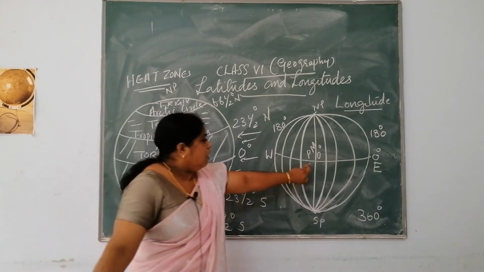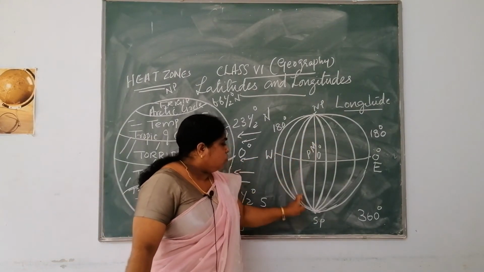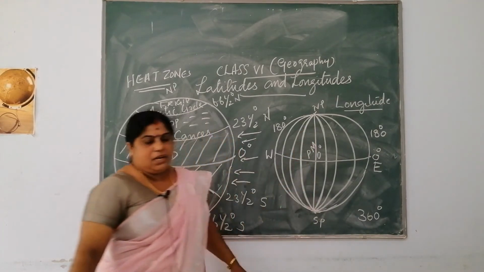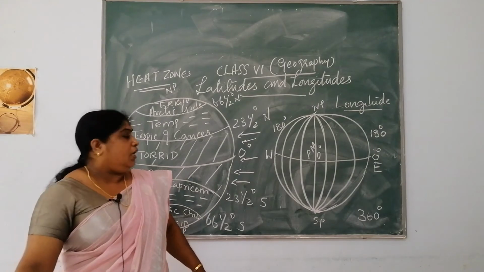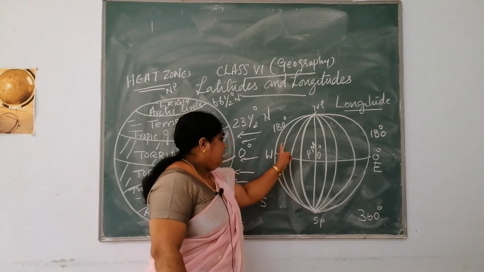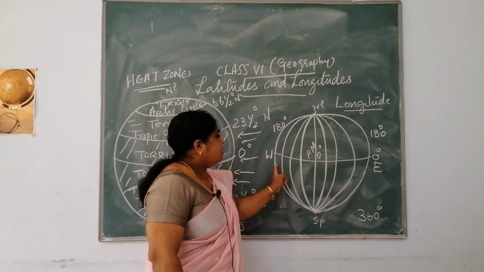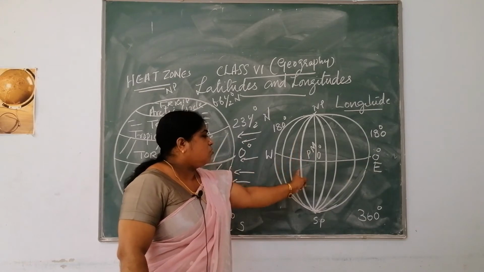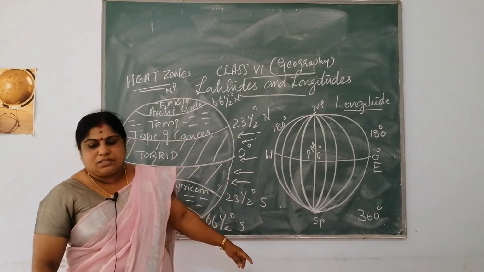These longitudes are drawn through the Equator at equal intervals.